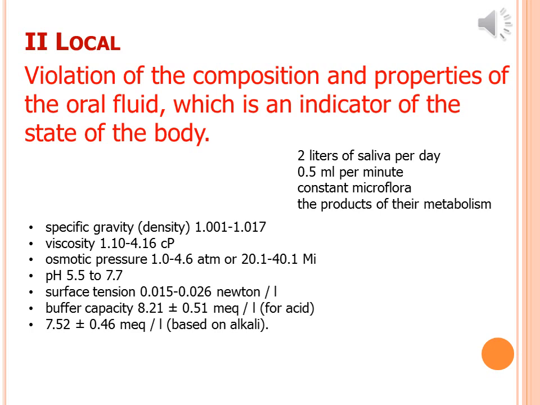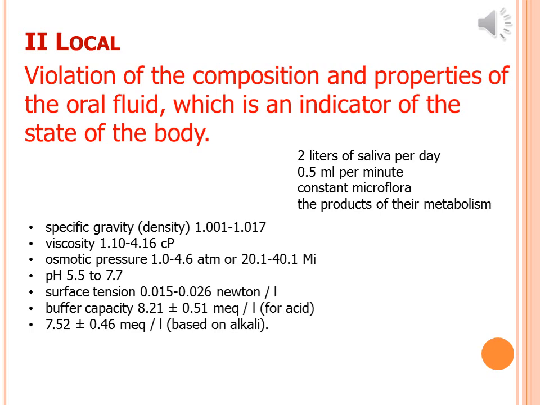This leads to a change in the colloidal crystalline structure of phosphorus-calcium compounds of saliva and the violation of its mineralizing ability. A change in the concentration of hydrogen ions in saliva significantly affects its saturation with hydroxyapatites.